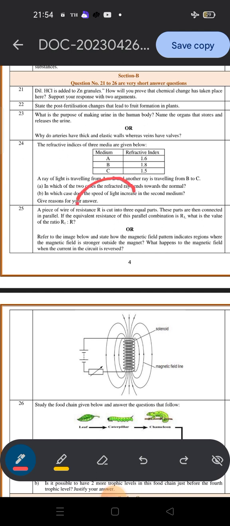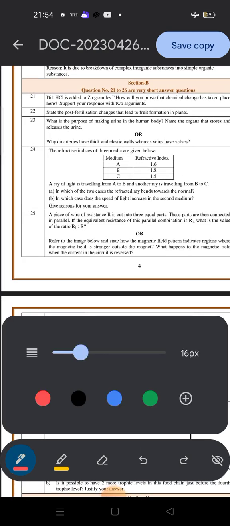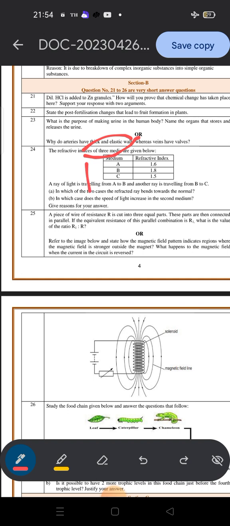So if you take a test tube, and if you take some zinc granules, these are the zinc granules, Zn. Zinc granules are silvery gray in color.